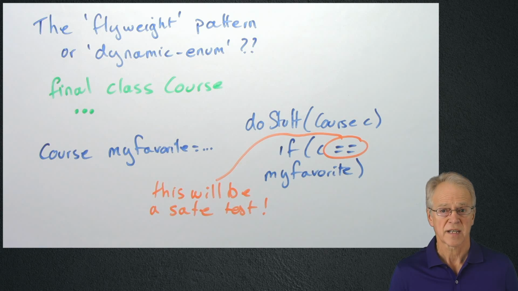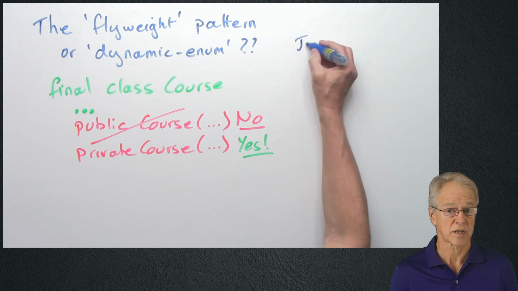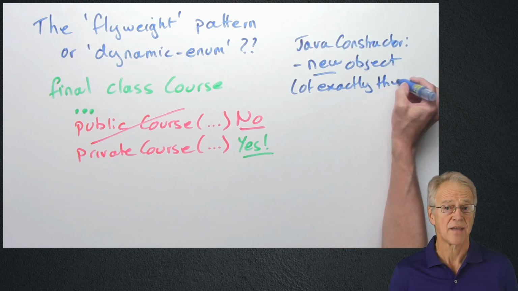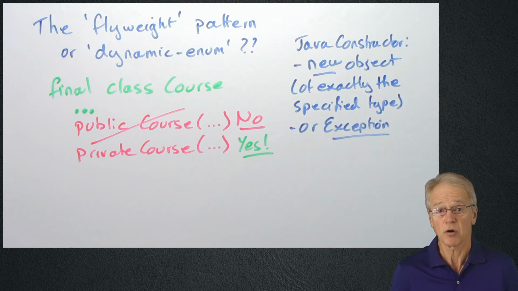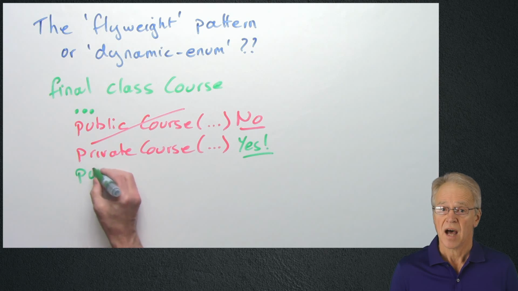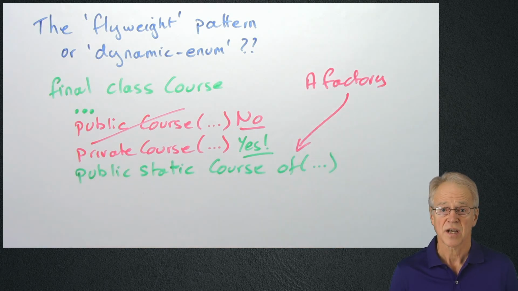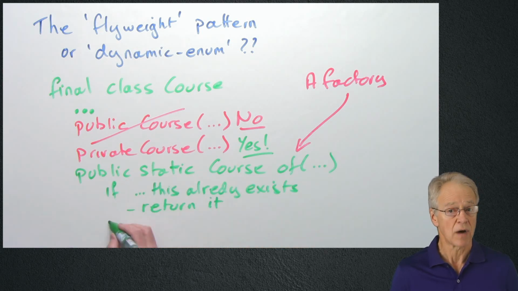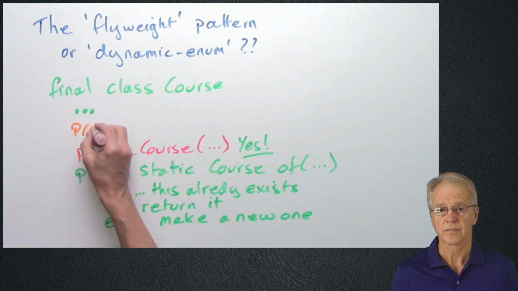Well, one of the first things to notice is that we cannot allow our new type to expose a constructor. If you call new in Java, you either get a brand new object of exactly the specified type, or you get an exception. In our case, we'll need to expose a factory type behavior such that we can call it twice with equivalent arguments and get a reference to the first created object on the second and subsequent calls.